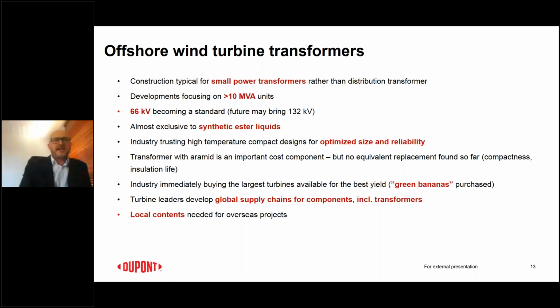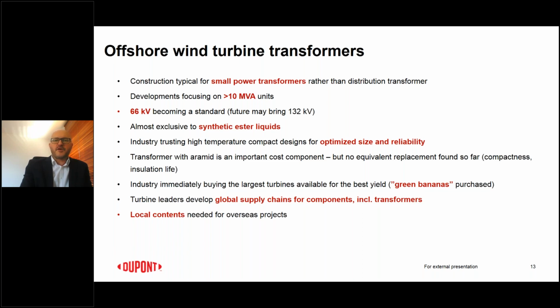I mentioned the green bananas. What is important, of course, with the limited number of key players in the developments for offshore, is that they look at global supply chains for the components, because when global projects are built by, let's say, European or American suppliers, they look for a global supply chain to be able to make the turbines and all the components whenever needed in the world, which also drives the push for local content.